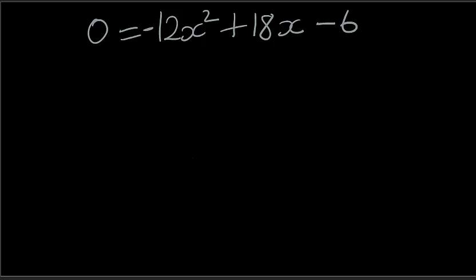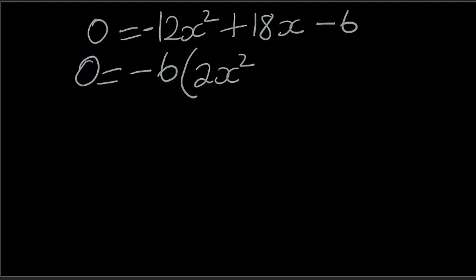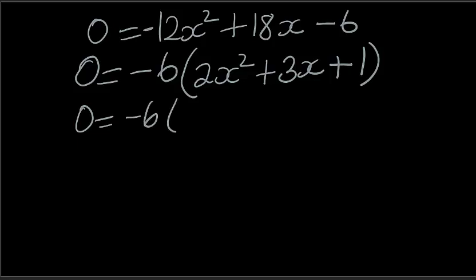The common factor I want to take out is going to be minus 6. Minus 6 times 2x squared gives me minus 12x squared. Minus 6 times plus 3x gives me 18x. Minus 6 times positive 1 is going to give me minus 6. So 0 is equal to minus 6 times.